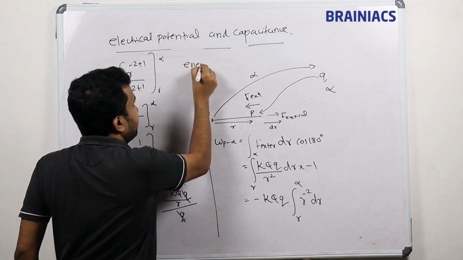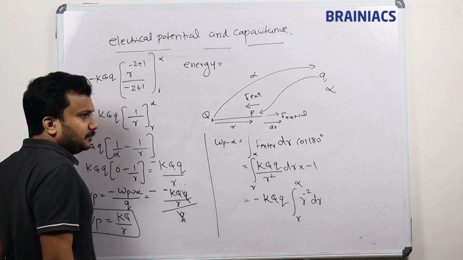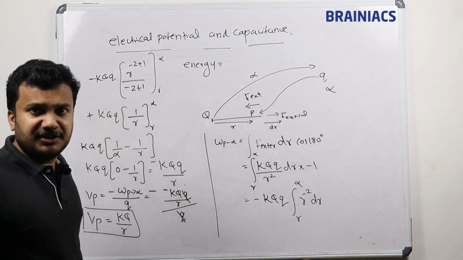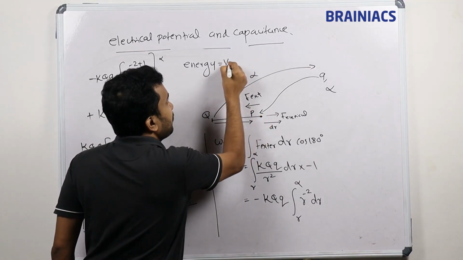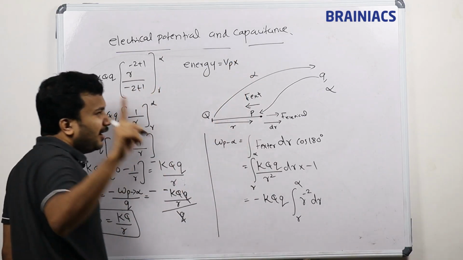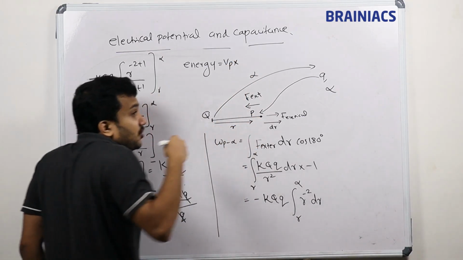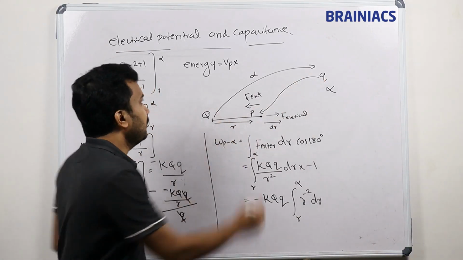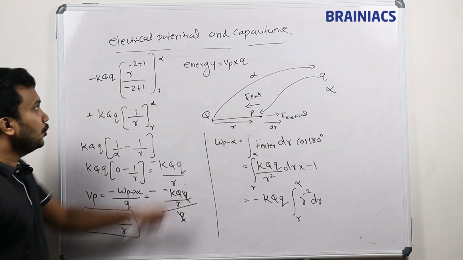To find out that energy, remember this: the energy you spend to move from infinity to this point will be equal to the potential at this point, Vp, into, always remember, the charge which you are moving. You are moving q coulomb. So if you multiply it with q, you will get energy.